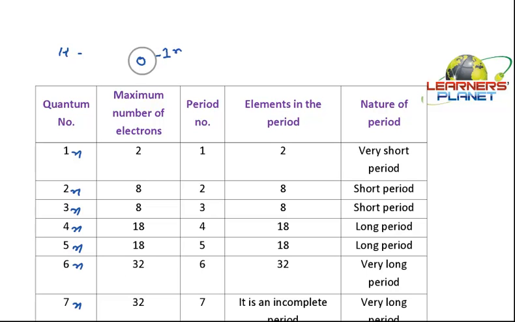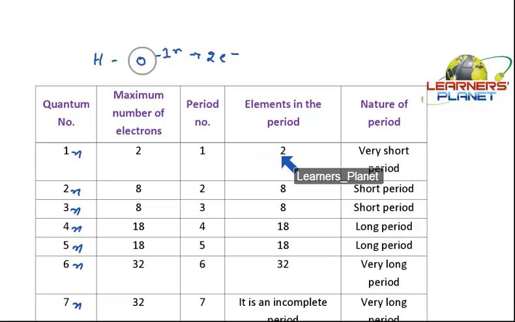Now how many electrons can this accommodate? It can accommodate only 2 electrons. I told you that the number of electrons it can accommodate is also indicated by the number of elements present in that period. So for 1n, the maximum number of electrons it can accommodate is 2, and elements in the period is 2.